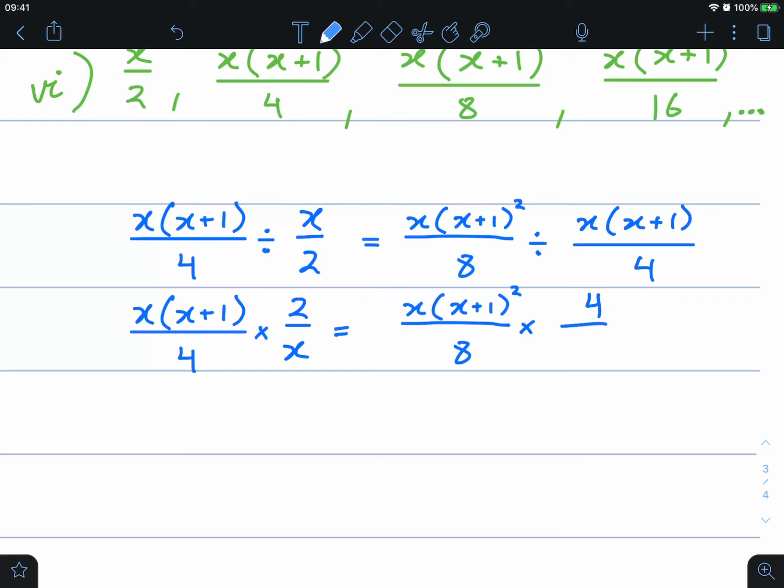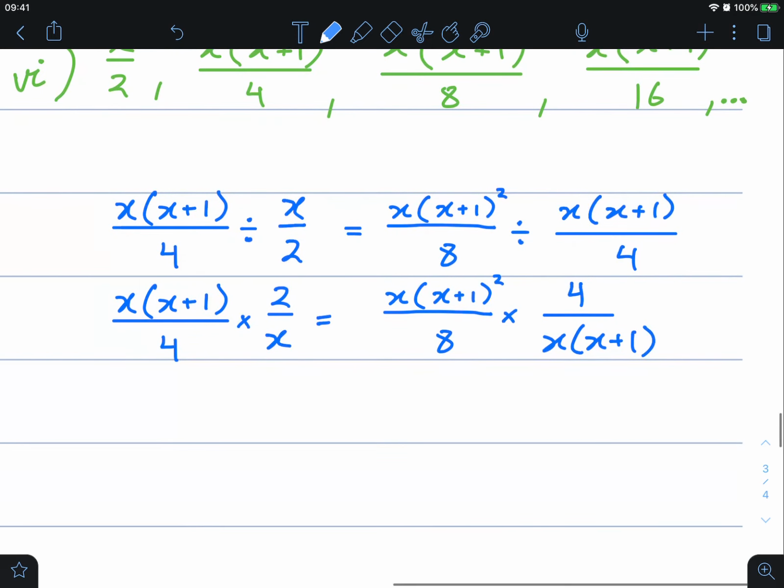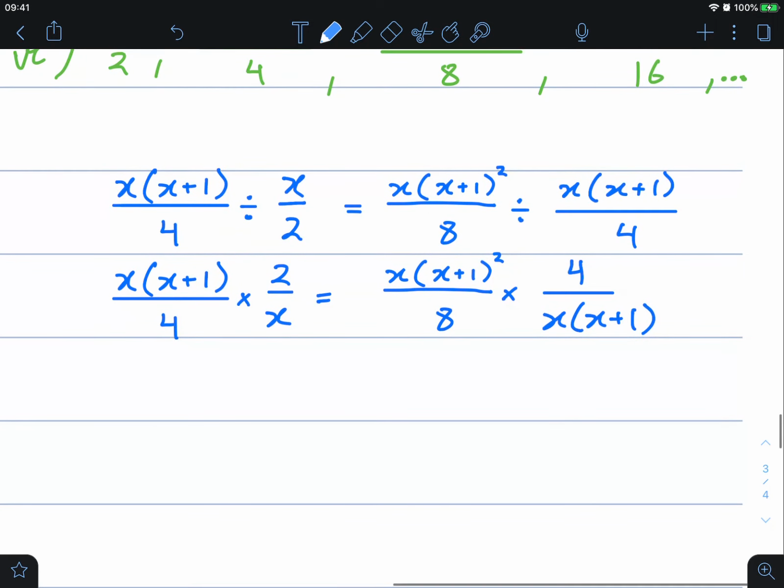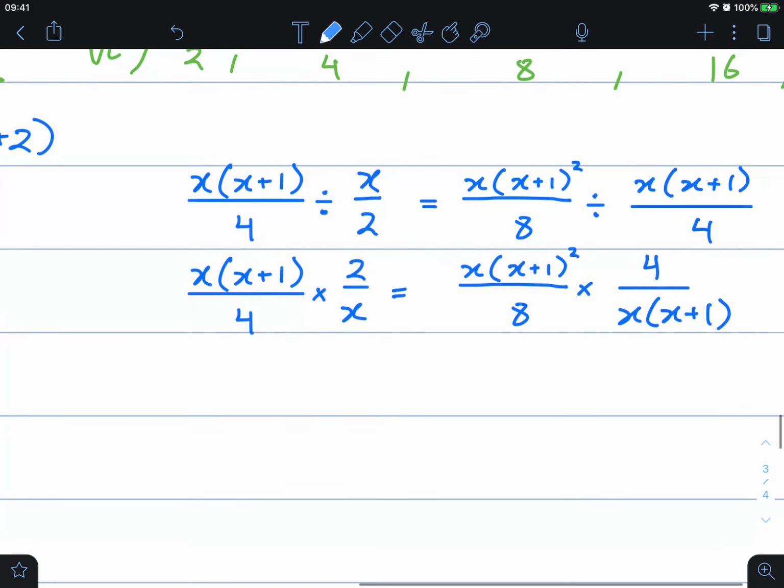So when we divide by fractions, we're actually multiplying by the reciprocal, like so. So we keep the first, we change the sign, and we flip the divisor, which is what I've done.